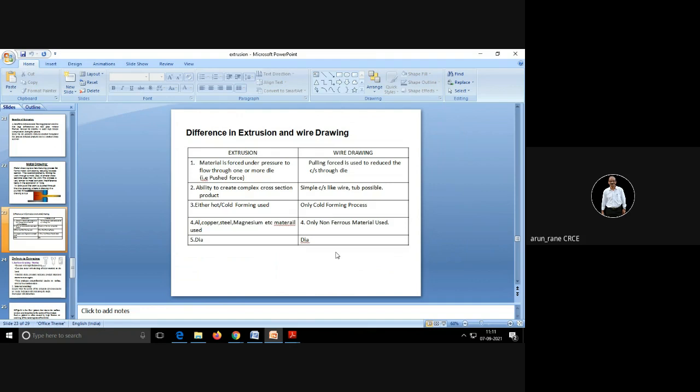In extrusion, you have seen that it can create very complex cross sections, even with hollows, whereas wire drawing is mostly for round wires. Wire drawing is generally cold wire drawing only, whereas extrusion can be hot and cold.